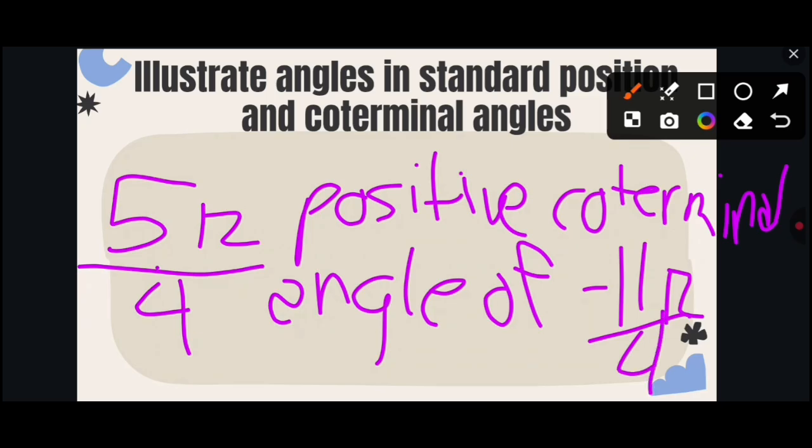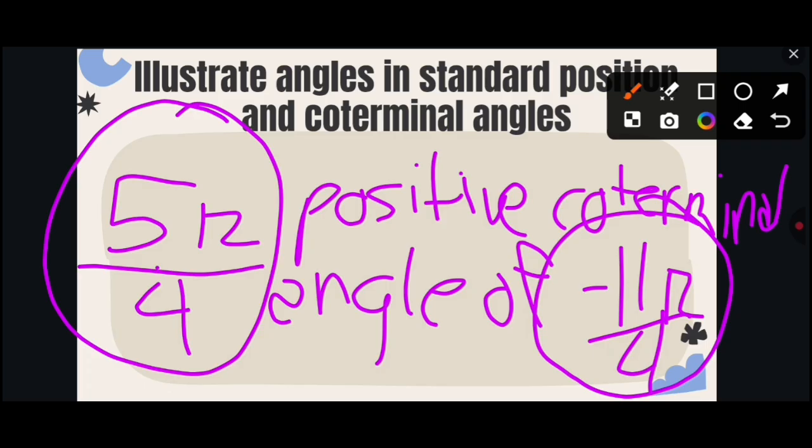Both negative 11 pi over 4 and 5 pi over 4 point to the same line on the unit circle, but one rotates clockwise and the other is counterclockwise. Yung rotate ni negative 11 pi over 4 is clockwise since it's negative, and 5 pi over 4, its rotate is counterclockwise since it's positive.